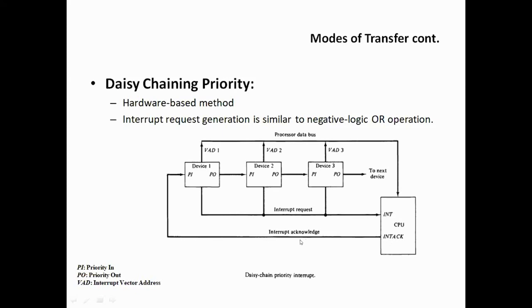This interrupt acknowledgement is wired in such a way that it will go here. This device will get the interrupt acknowledge here, at PI. PI means priority in, PO means priority out. So the interrupt acknowledgement comes here, 1 comes here.